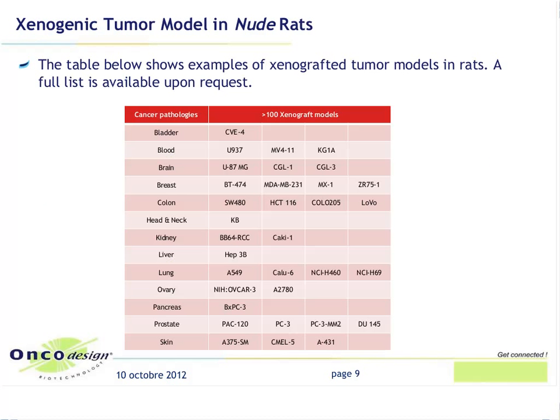At Oncodesign, we can propose a large variety of xenografted cells on nude rats. It is known that nude rats are less permissive than nude mice. However, because of our robust technology, 90% of models developed on mice are transplantable on nude rats.